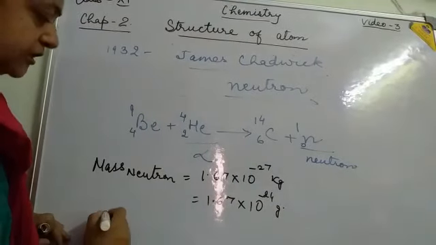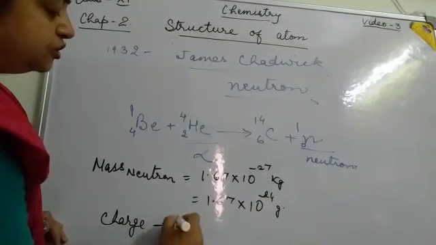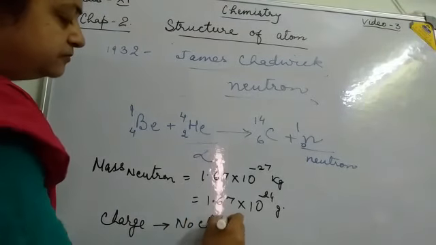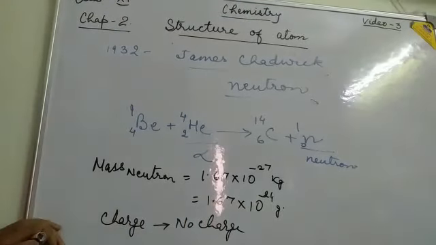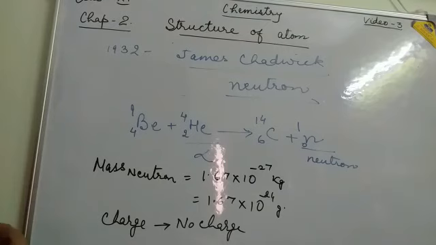There is no charge. Charge of this particle is 0. So, mass of the atom depends on the protons and neutrons present in the atom.